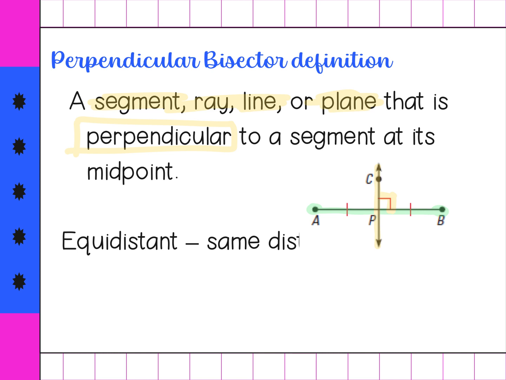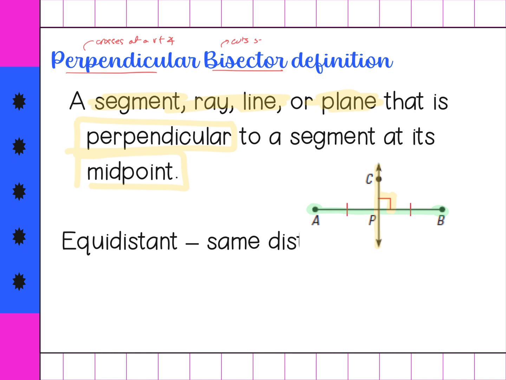So it's not only going to be perpendicular, but it's also going to cross at the midpoint. So two things you're going to know every single time you know that something is a perpendicular bisector: that it crosses at a right angle, and that it cuts the segment in half because it crosses at the midpoint.